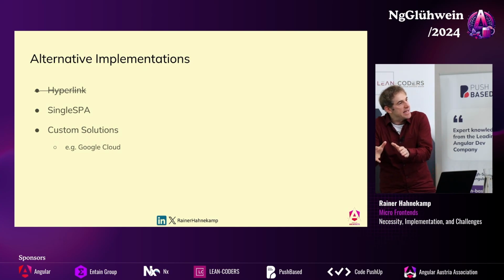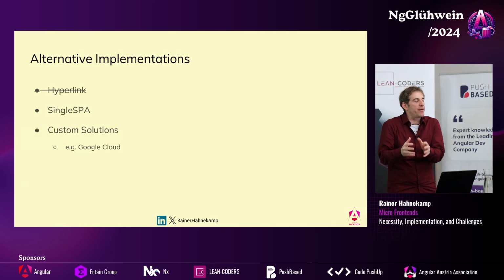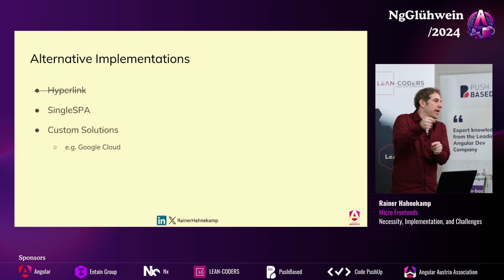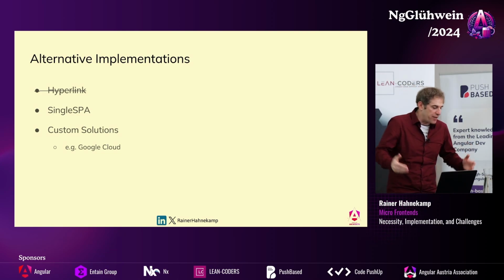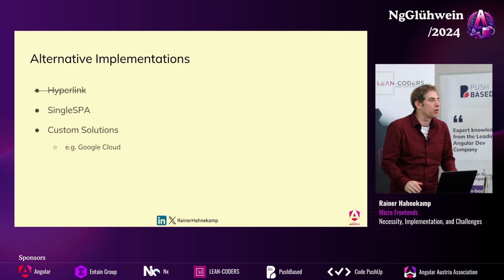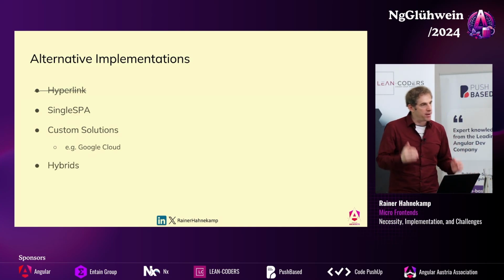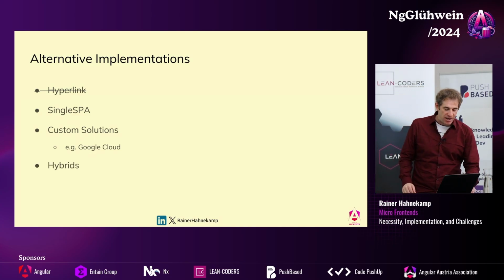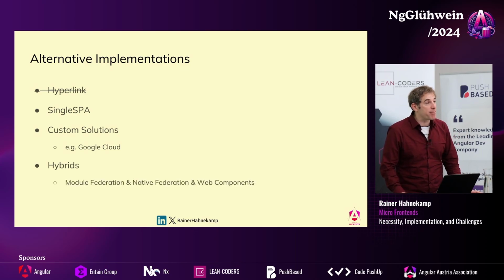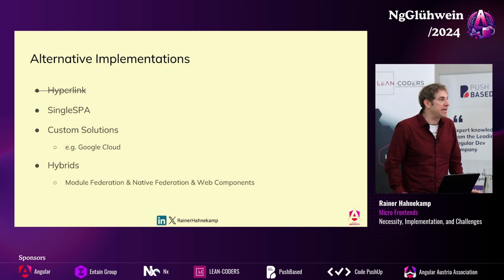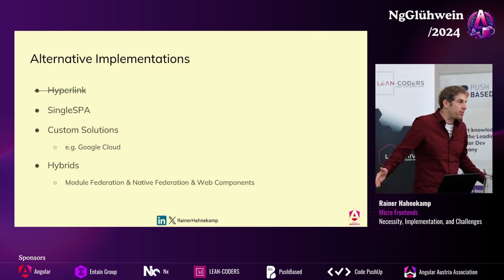So the user never sees the micro frontend iframe, but they're mirroring all the things into the main iframe. Yeah, also works. You have then full isolation, and maybe at that scope or dimension, you can allow it to do it. There are also hybrid things that are possible. You can mix native federation even with web components.